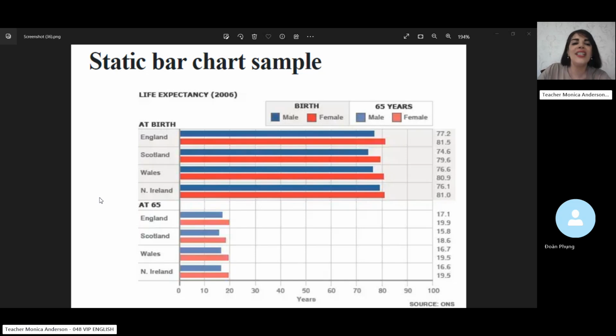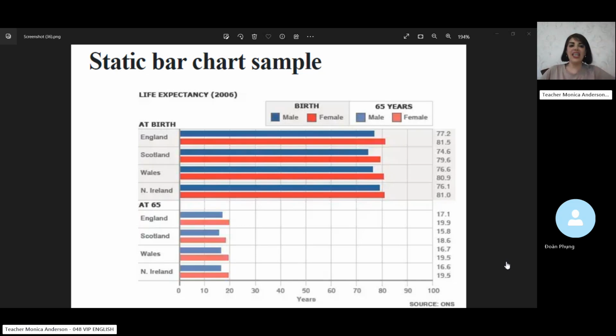So now we can see that in all categories, females have a higher life expectancy than males. This is your overview. As I told you, you can put your overview at the beginning, after the introduction, or at the end. I'd rather put it at the beginning, after the introduction.